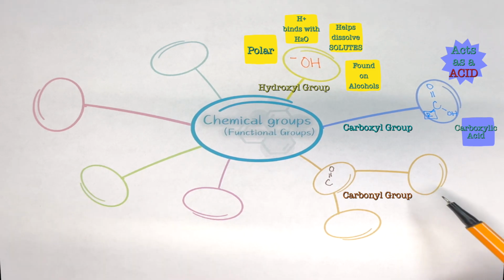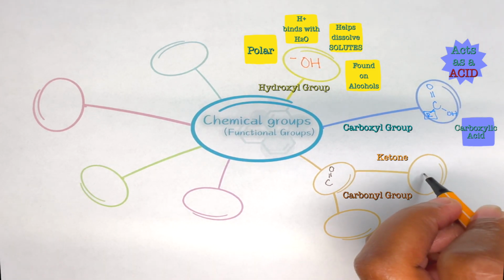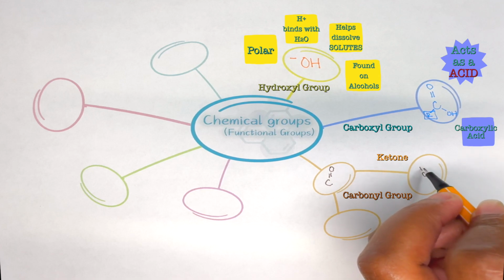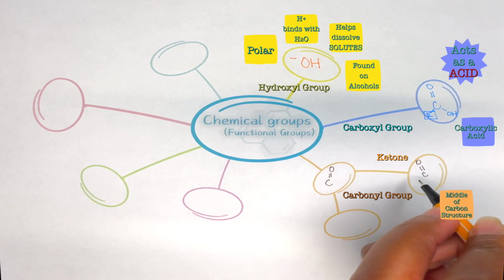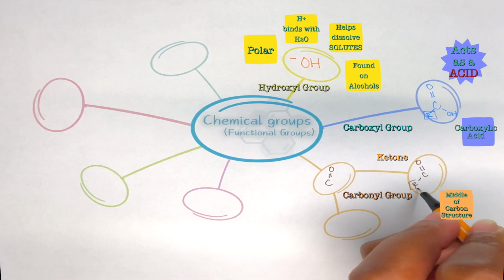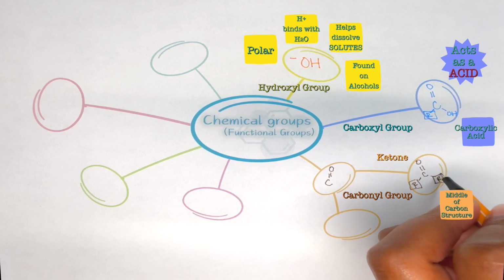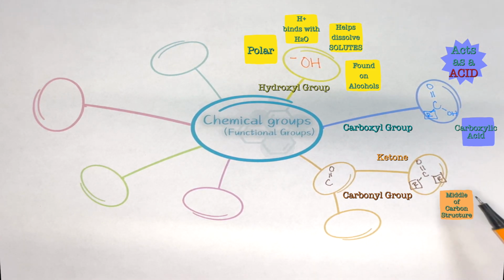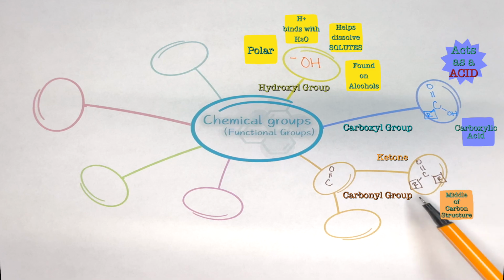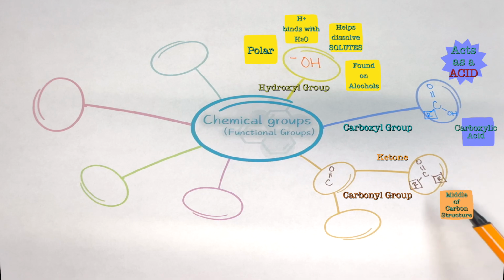We have a ketone, which is the carbon double bonded to the oxygen, and it's going to be in the middle of the carbon structure. So what you'll see is the rest of the molecule on both sides. If you didn't know, the R that's in the box just stands for the rest of the molecule, whatever else is going on with the molecule that we just don't have drawn here. So this is a ketone.